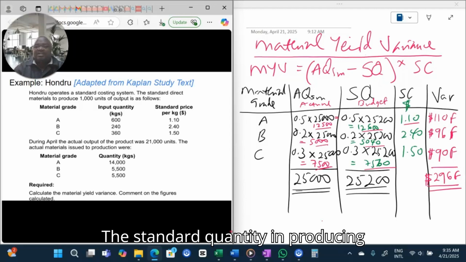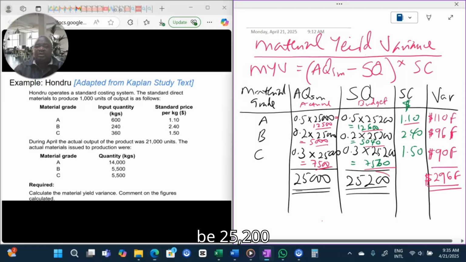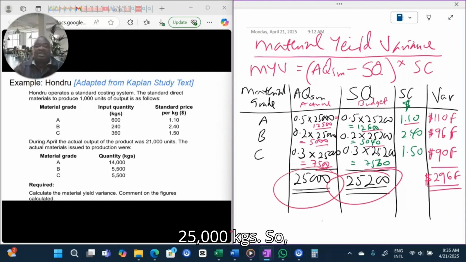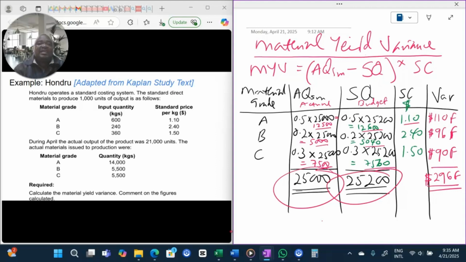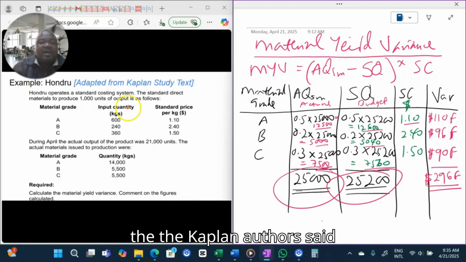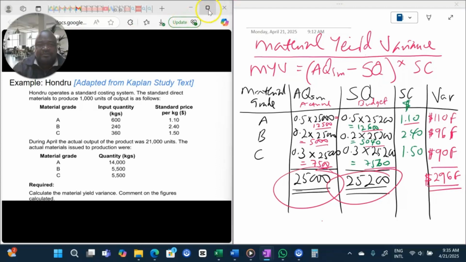The standard quantity in producing 21,000 units was supposed to be 25,200 kgs. However, we used 25,000 kgs. So we can say we were in the right direction. Let us see what the Kaplan authors said about this result.